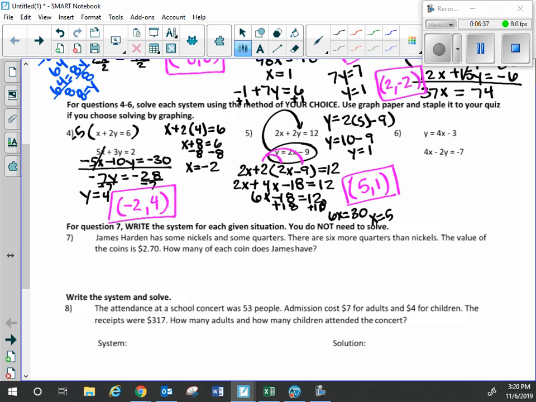Okay, and then number 6, again, set up perfectly for substitution. 4x minus 2 times your new y, 4x minus 3 equals negative 7. Distribute. Make sure you distribute a negative 2.